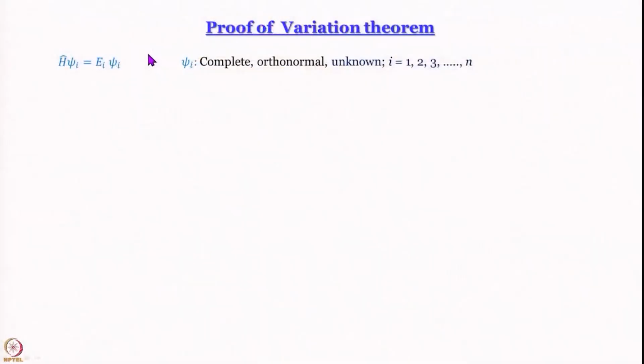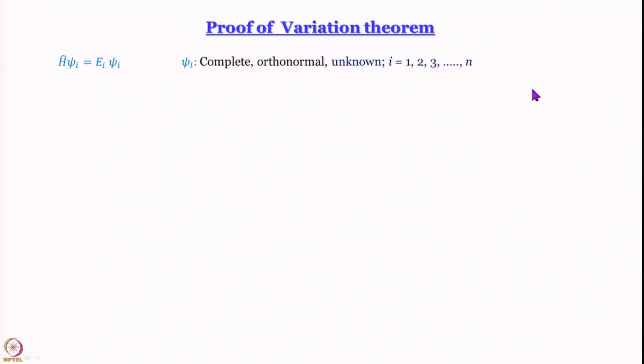Okay. Now that we have illustrated that this upper limit theorem works for the hydrogen atom, let us move forward to a formal proof of the theorem. And let us say once again that we can write this kind of Schrodinger equation for this arbitrary system, and let us say the psi i's constitute the complete orthonormal set of unknown wave functions.